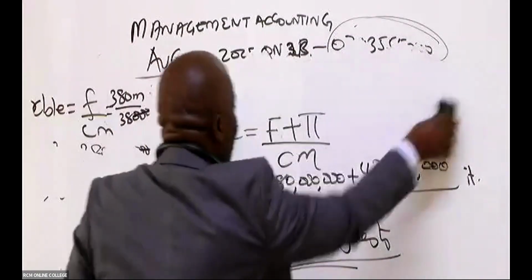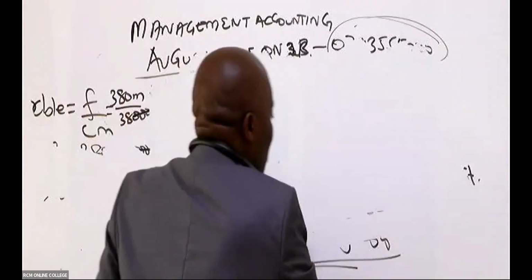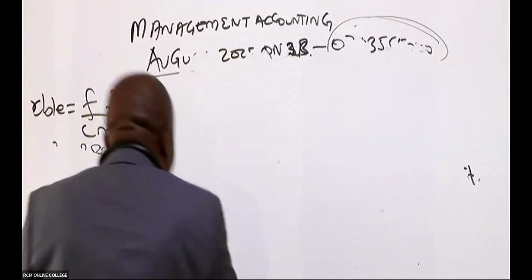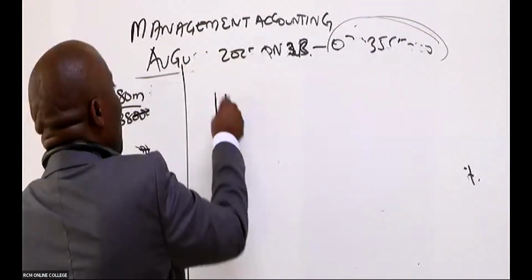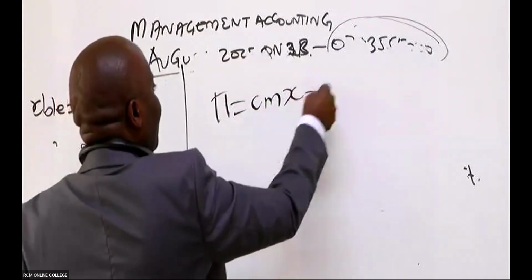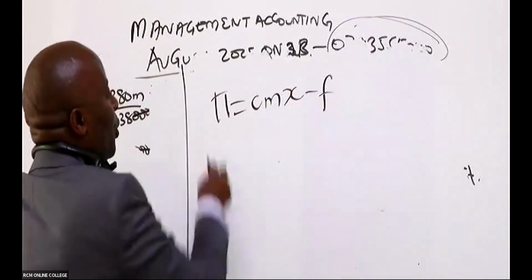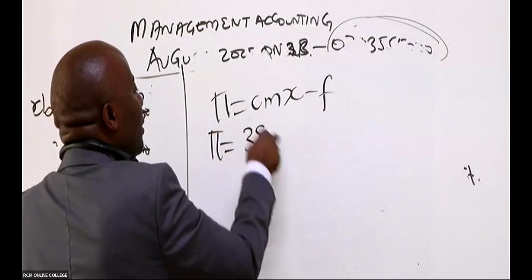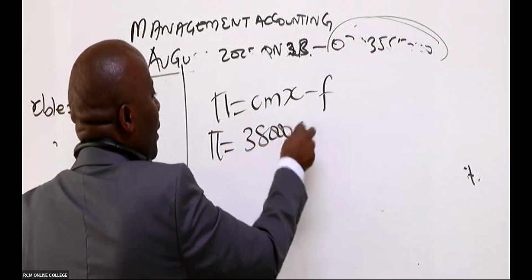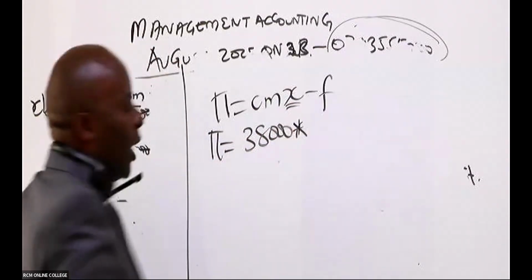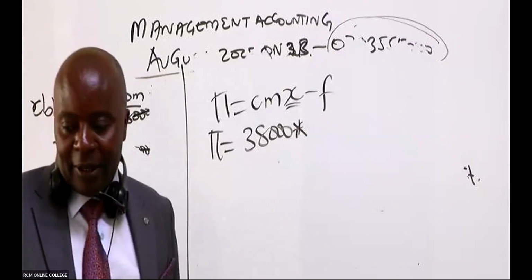Fortunately, we know the profitability analysis equation. Anytime they want us to give them profit, we always use this: contribution margin times quantity, minus fixed costs. So the profit we shall get will be 38,000 times the number of guests.